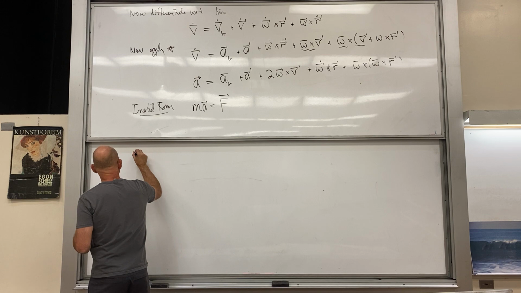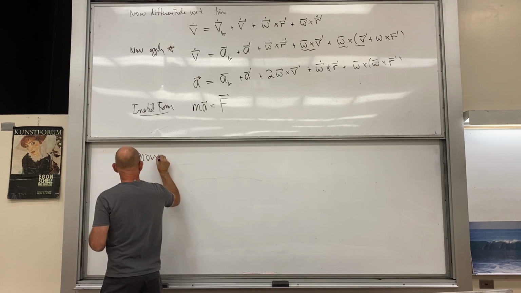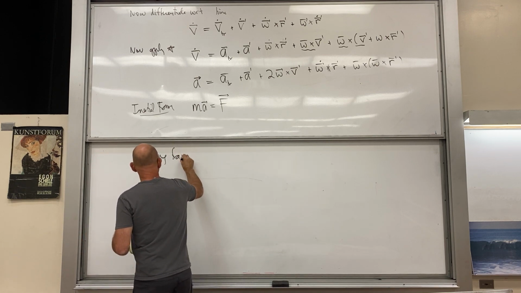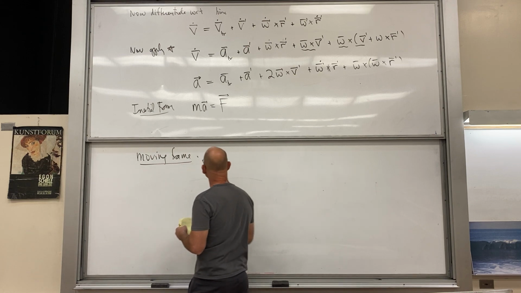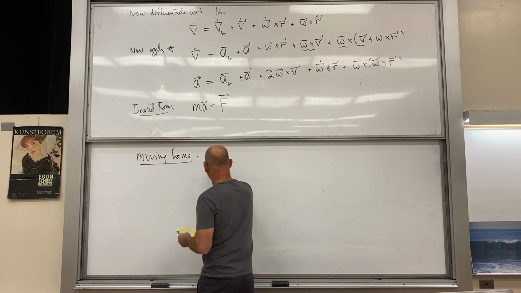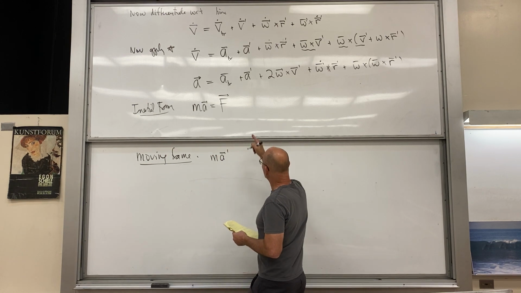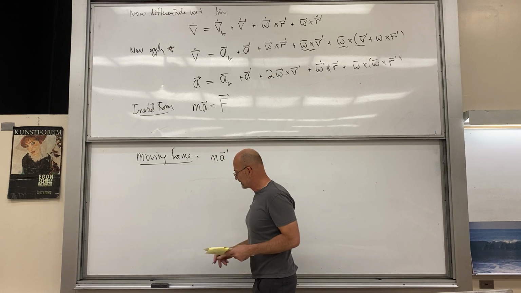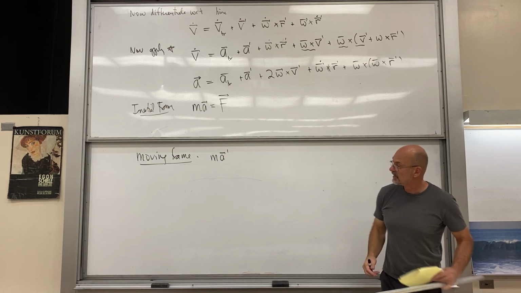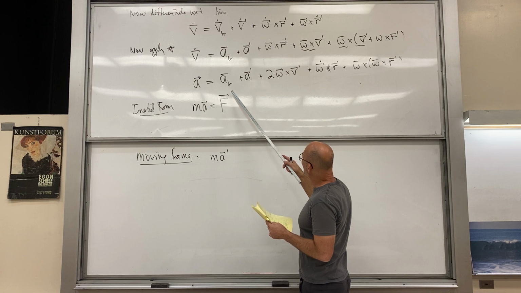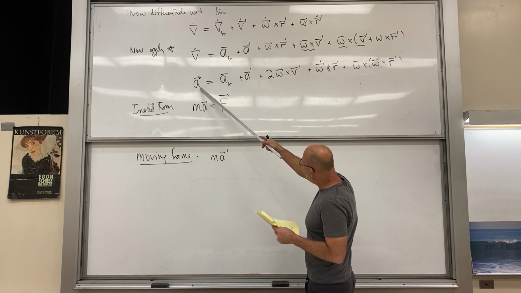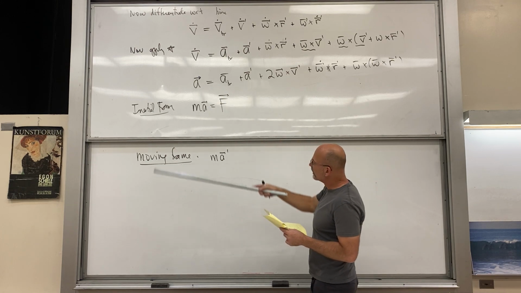So in the moving frame, and this is the result we're going to have to stop and ponder, we have m a prime equals m times a, and then subtract all of those off.